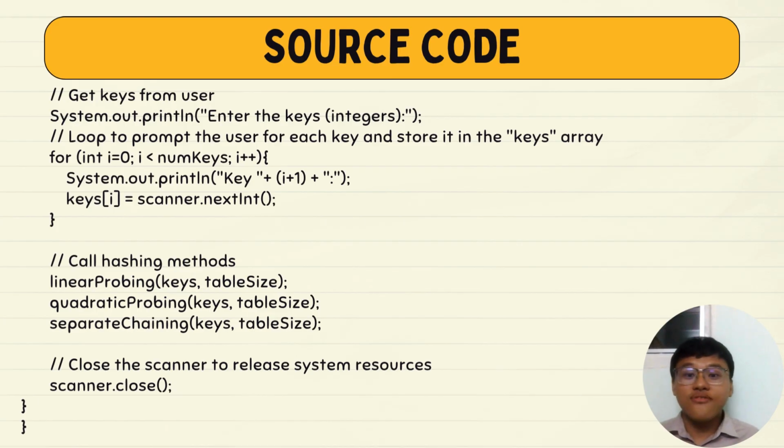Next, get keys from the user. So ask the user to enter the keys, then loop to prompt the user for each key and store it in the key array. Use a for loop.